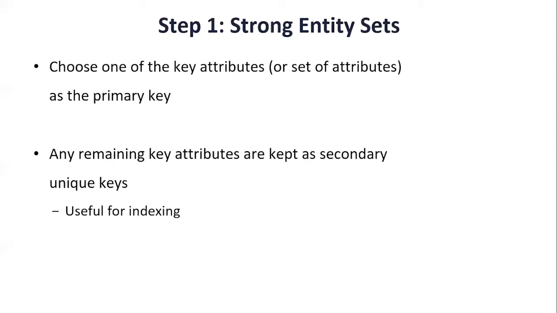And if there are other remaining key attributes, we can keep them as secondary unique keys, which we will later learn as indexing. So for now, just remember that we can also keep these other attributes which have unique values, but which are not going to be used as a primary key. We can later use them for a different purpose known as indexing.